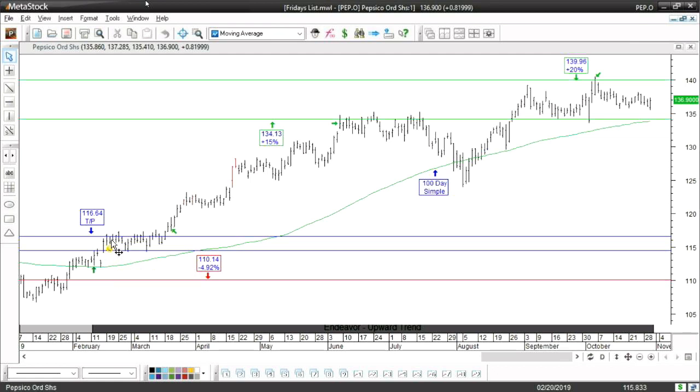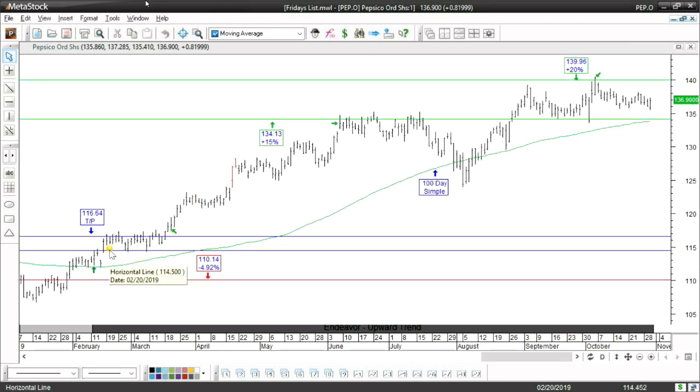As we move along, bobbing along and bobbing along, remember on a yellow, now we need 3 more closes above the high of the icon bar. We need 3 closes above the high of the icon bar.